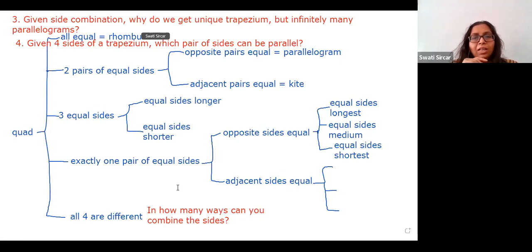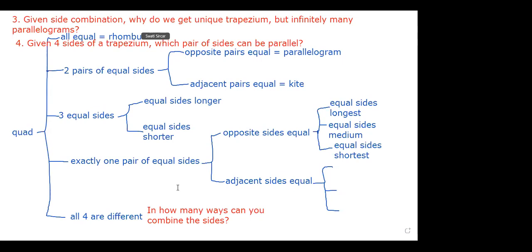So one thing is, you know what is an isosceles trapezium, right? So how do you define an isosceles trapezium? Ma'am, when the non-parallel sides of a trapezium are equal, then it is an isosceles trapezium.